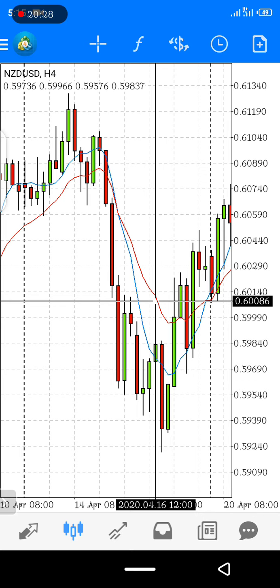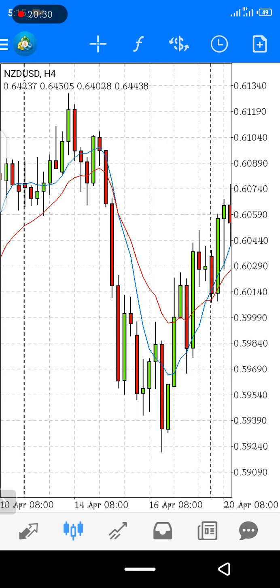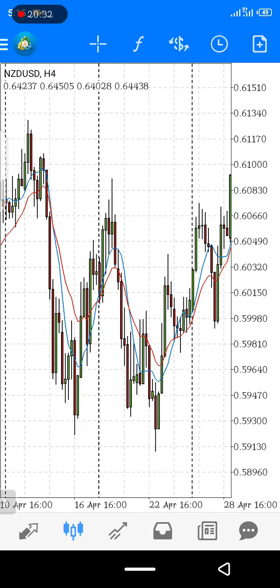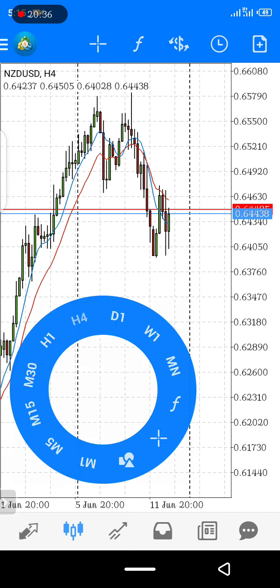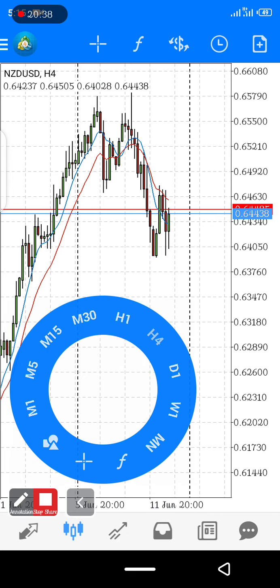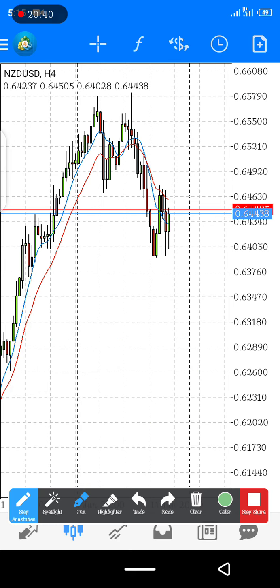Now with those pips using moving average, you would know that you could identify trends. What are trends? The overall direction a price is moving, either bullish, bearish, or sideways.